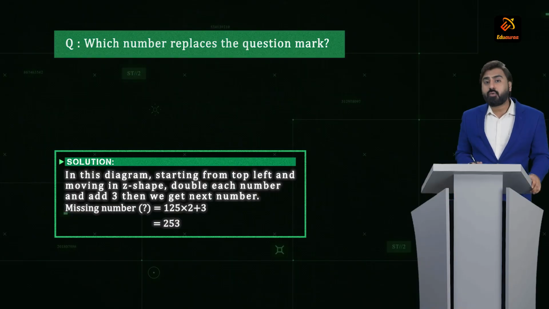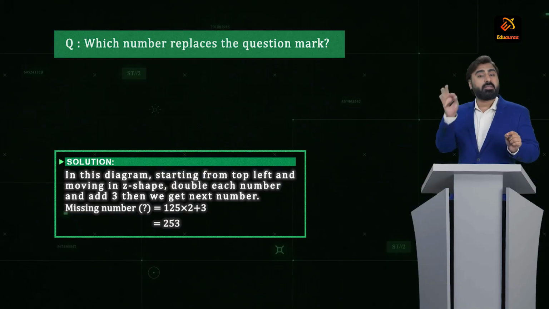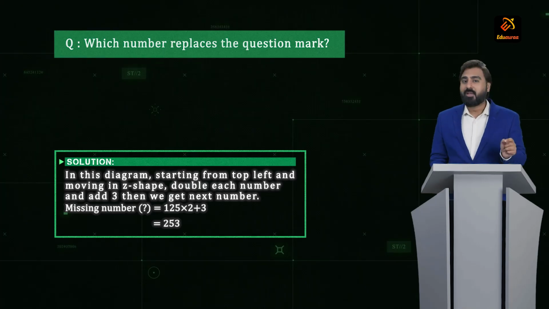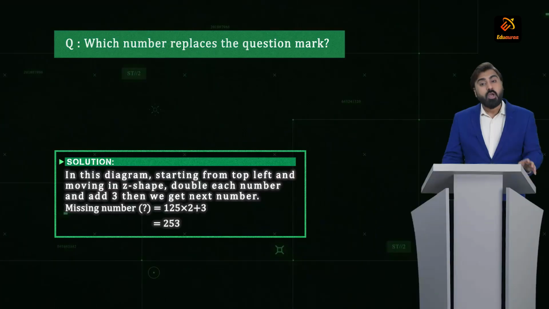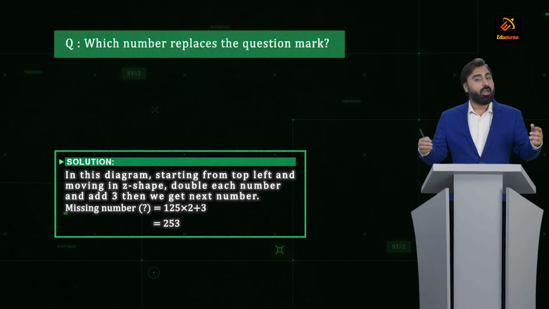So the last number, students, 125, double the number, 250, plus 3 gives you the missing number, and that missing number is nothing but 253. End of your sum. Moving on to the next question, students.